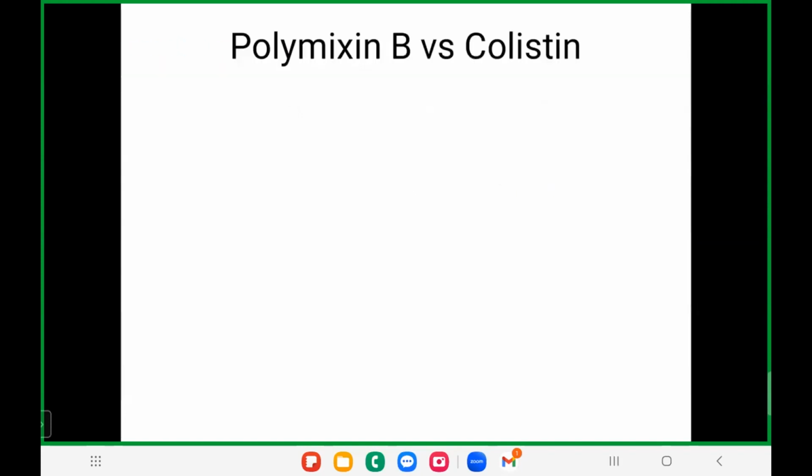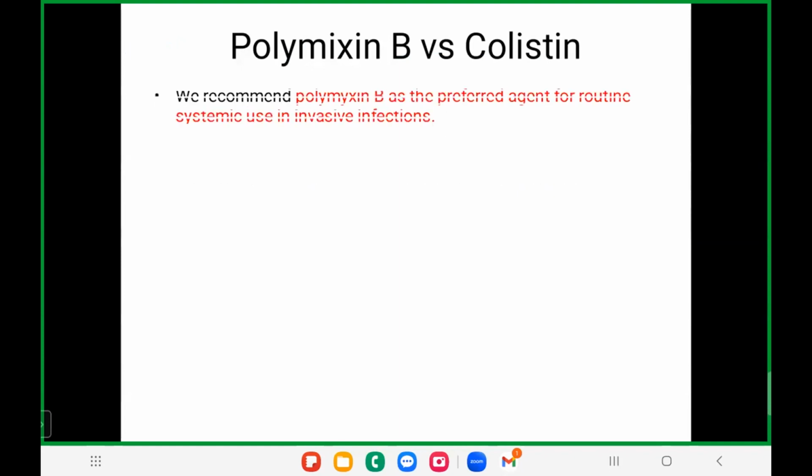Only for uncomplicated UTI can you give colistin. And among polymyxin B and colistin, what is the drug to be given? Polymyxin B is given for invasive infections. You cannot give colistin for invasive infections because the problem with colistin is it has variable pharmacokinetics. Even with the dosing, the drug concentration in the serum will change dramatically. If you change 10 mg per kg, it's going to make a lot of difference.